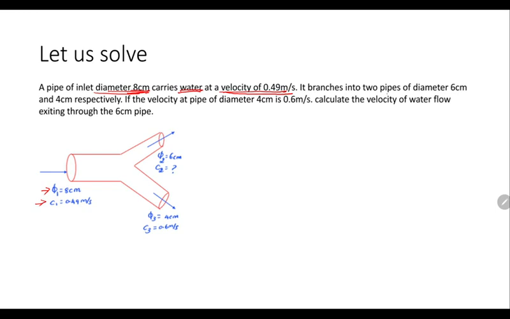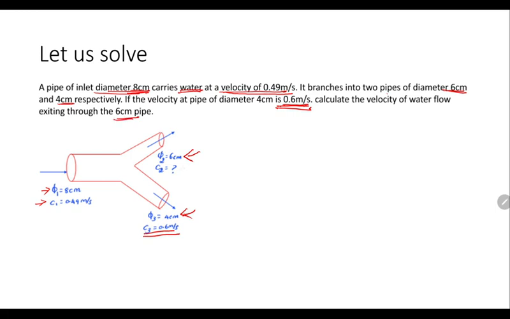It branches into two pipes of diameter 6 and 4 centimeters. If the velocity in the pipe of diameter 4 centimeters is 0.6 meters per second, calculate the velocity in the 6 centimeter pipe.